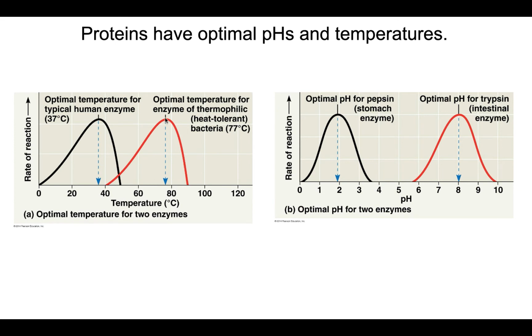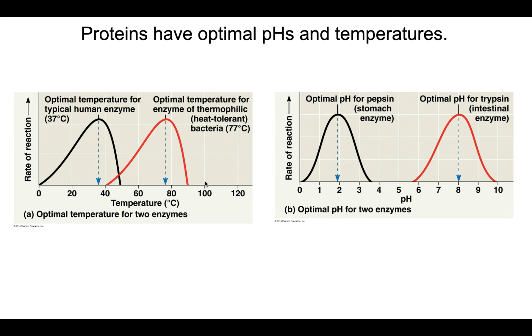And if we look, the highest rate of reaction of this enzyme here in red, not coincidentally, corresponds to the temperature at which it evolved, 77 degrees Celsius. If you stray away from that temperature, too low or too high, you lose activity because you lose the structure of the protein because it denatures.